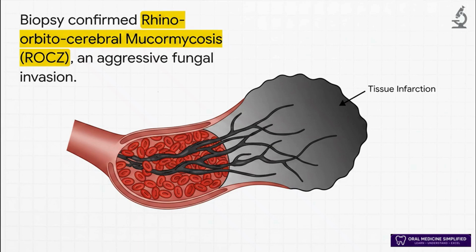That black lesion, necrosis, exposed bone, deep invasion, numbness, nerve damage. Everything fits perfectly. And confirmation, biopsy. Biopsy shows broad non-septate hyphae invading the vascular structures.